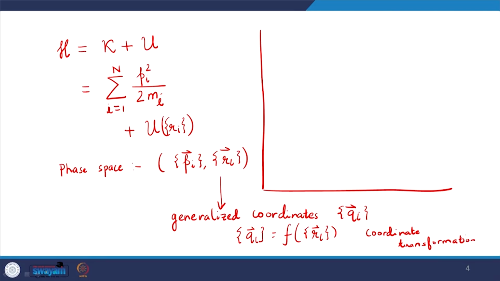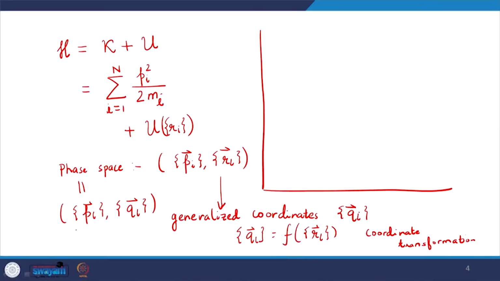So, let me represent the phase space in general as the momenta and the generalized coordinates. H is going to be a function of these variables, and how many are there? For n particles we have n momenta values and n coordinate values. Each momentum, that is the momentum of every particle, will have 3 components in 3-dimensional space.